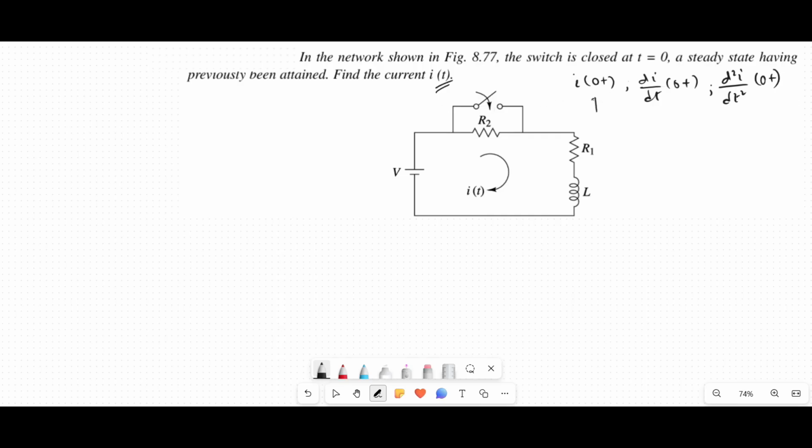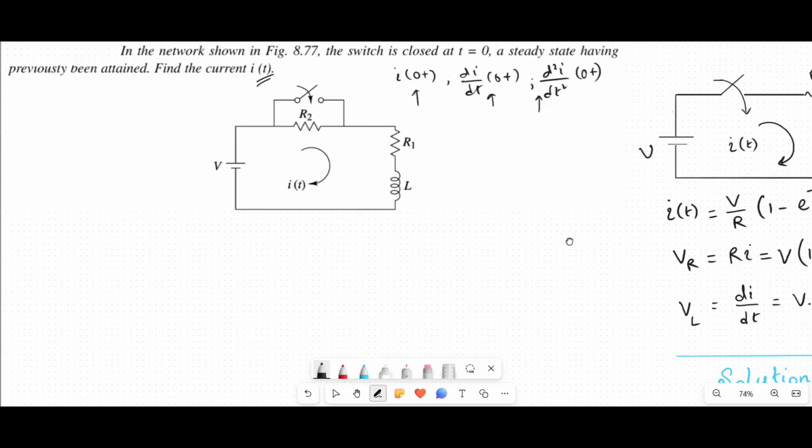Here we don't have to identify these values; rather, we have to identify the exact value of i(t) itself. To get that, we either have to remember it, or there is another trick we will see. Let's first see how it can be done by remembering.